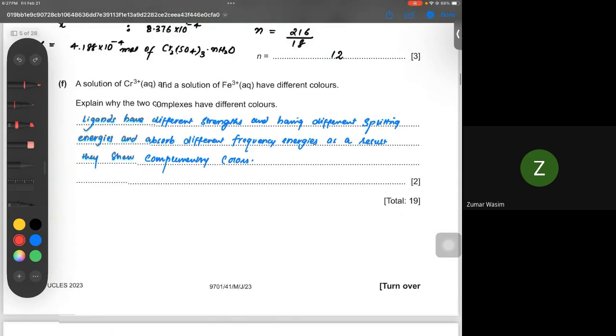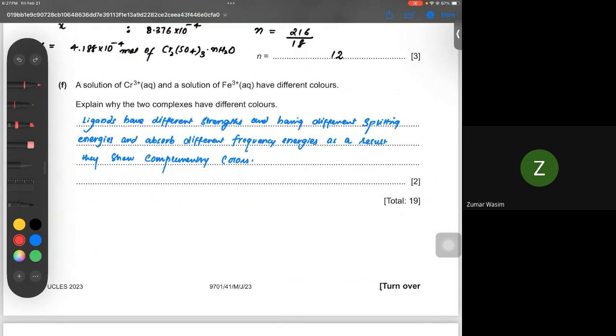Then they are saying a solution of chromium 3+ and a solution of iron 3+ have different colors. Basically, they are transition metals. Explain why the two complexes have different colors. I told you that we have different ligands with different energies, with different strengths. Each and every ligand has different energies and different strengths.